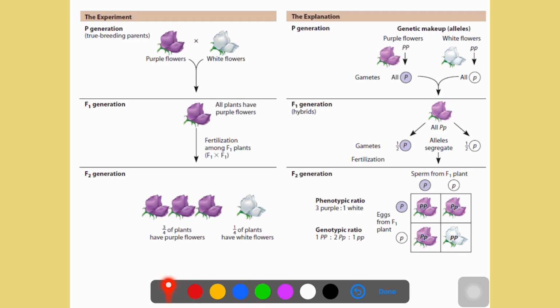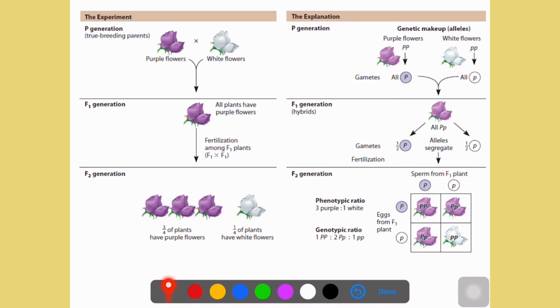Since the purple flower plant is homozygous, when it produces gametes, the alleles segregate. Since both of the alleles are same, all the gametes produced by this purple flower plant will be identical, right? And the same goes with this white flower plant as well.